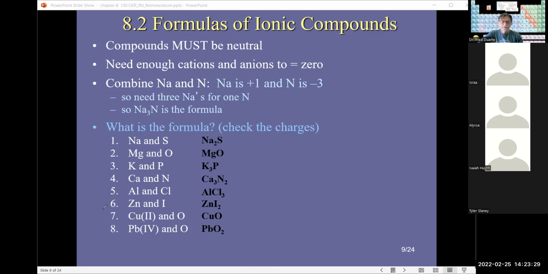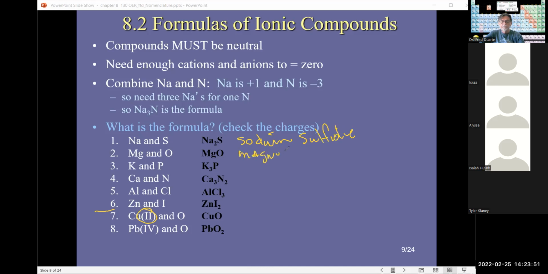Now, let's work on the names. From 1 through 6, all the metals were part of the sweet 16. Therefore, they did not require Roman numerals. Therefore, their name is straightforward. Sodium sulfide for the first one.